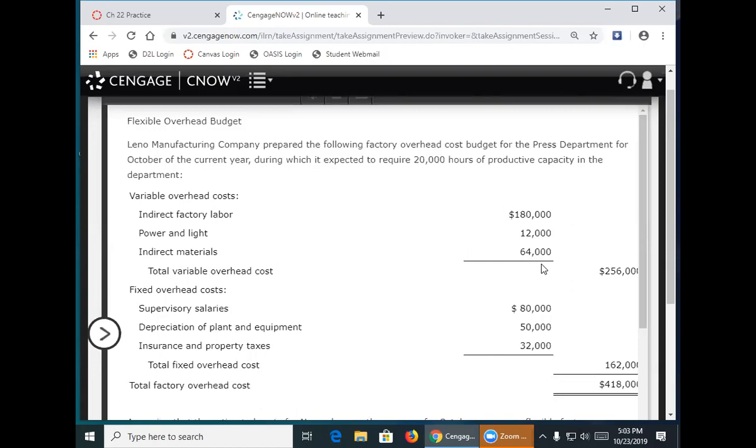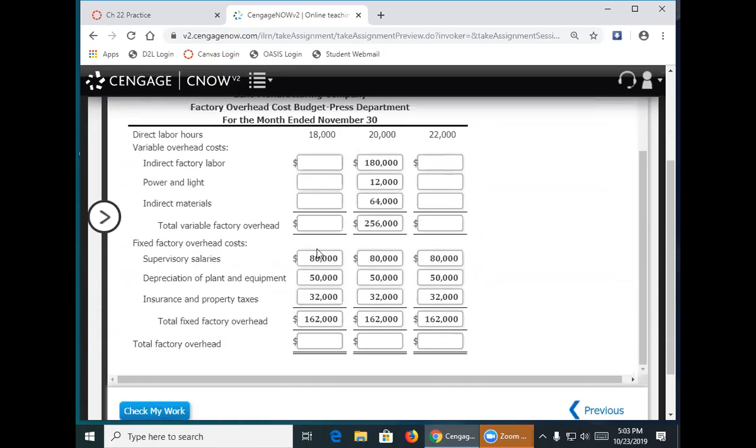So when you do a flexible budget, calculate your unit cost first, and then you can use that unit cost and figure out your cost at any level of production. So at 18,000, what would be my indirect factory labor? Be what, $9 times 18,000 hours. Did you guys get 162,000?